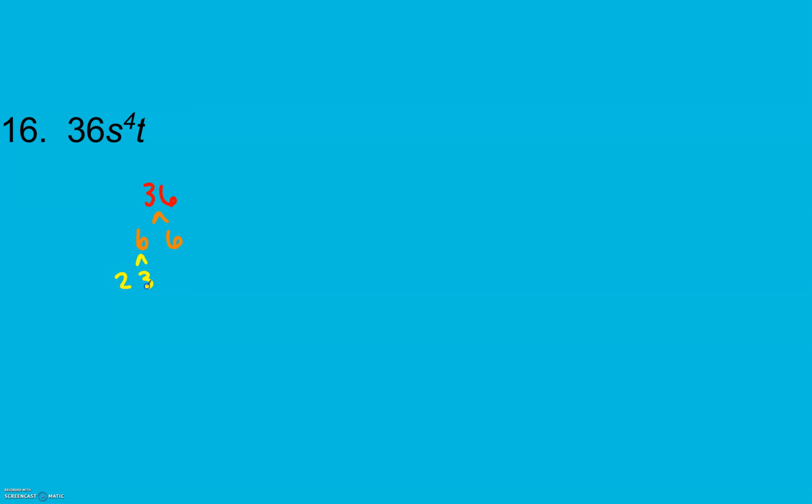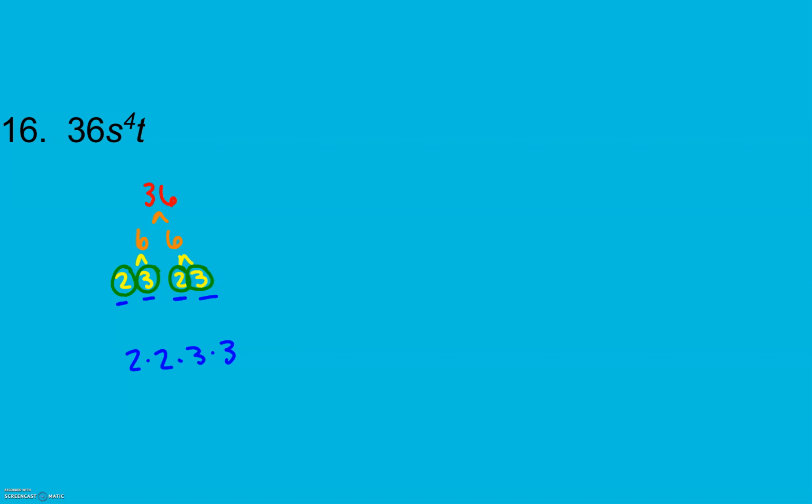6 is 2 times 3, and 6 is 2 times 3. 2 is prime, 3 is prime, 2 is prime, 3 is prime. So my prime factorization of my numbers is 2 times 2 times 3 times 3. And because we want this in factored form, we're going to leave it.